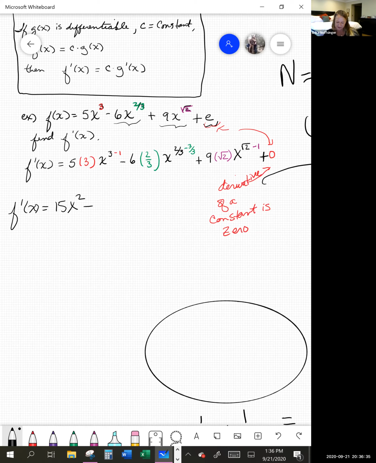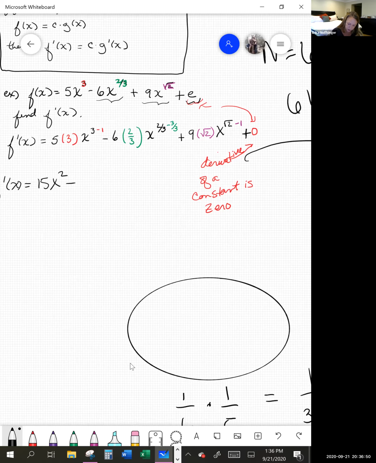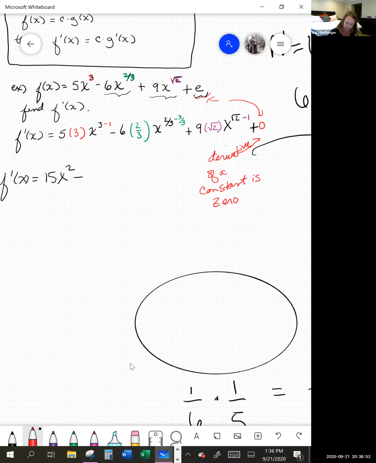Well, that's going to simplify. 3 goes into 6 evenly twice, so 2 times 2, that gives us 4. X raised to the, well, 2/3 minus 3/3. That's a negative 1/3.